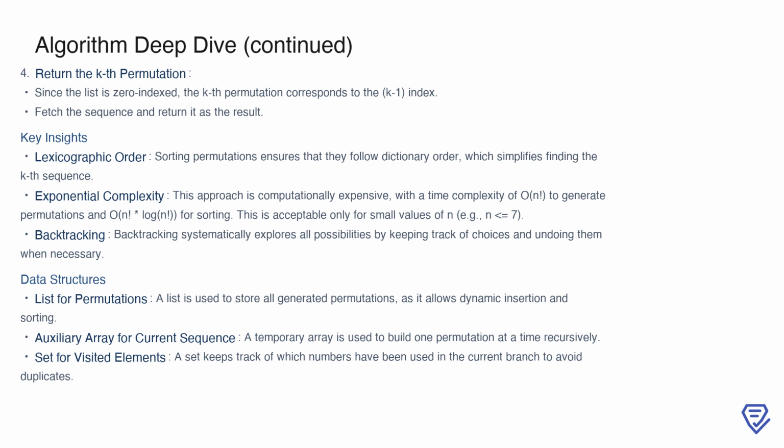This makes the approach feasible only for small values of n, typically n less than or equal to 7. The use of backtracking is essential here, as it systematically explores all possible combinations by tracking choices and undoing them when necessary. In terms of data structures, we use a list to store the permutations, a temporary array to build each permutation step by step, and a set to keep track of which numbers have already been used in the current sequence to avoid duplicates.